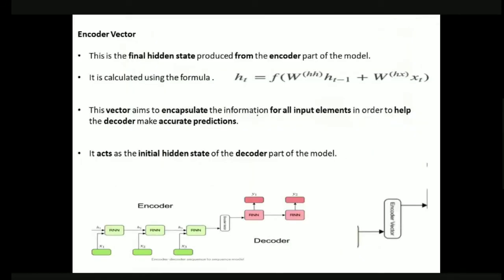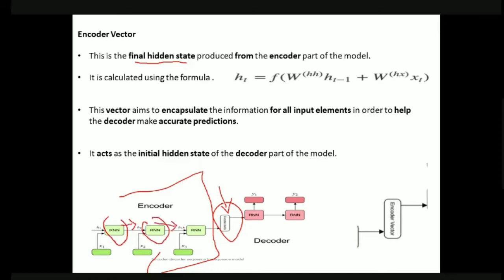Next, coming to the second part, the encoder vector. So till now we have discussed the encoder, right? So this is the encoder, and this is our point of discussion now, the encoder vector. So what is the encoder vector? This is the final hidden state. If you see here, in the first unit we have one hidden state coming from here, from the second unit we get another hidden state, and from the third unit we get another hidden state.